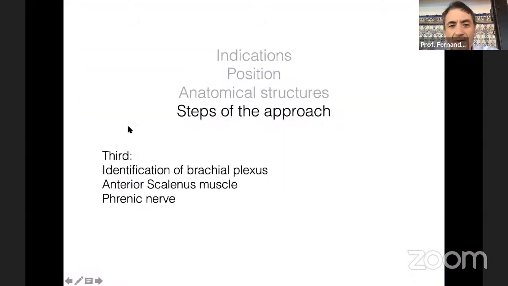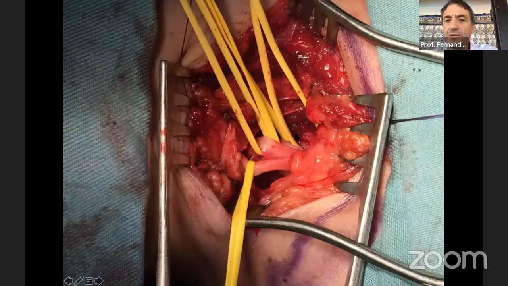So next step, identification of brachial plexus, anterior scalenus muscle, and phrenic nerve. This is a case of a tumor of the lower trunk of the brachial plexus. So this is a picture of a normal superior trunk.